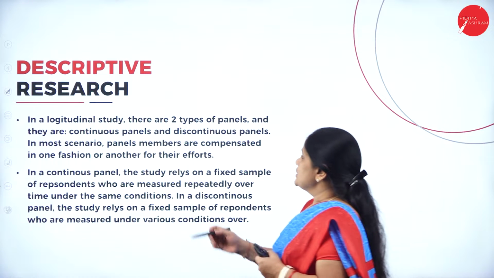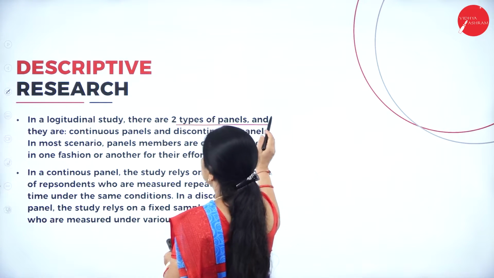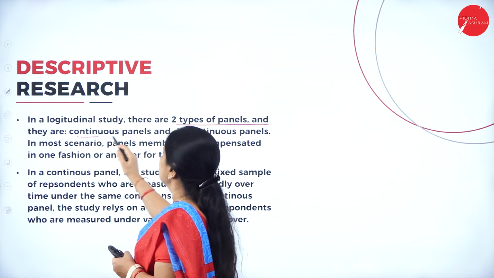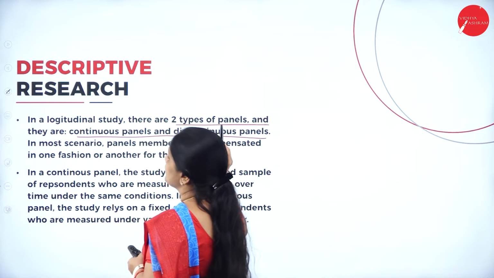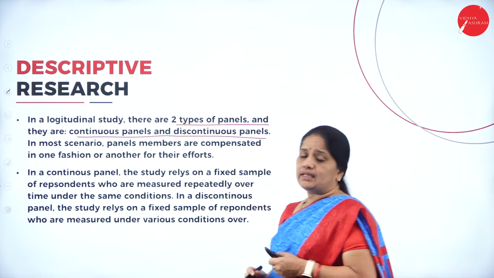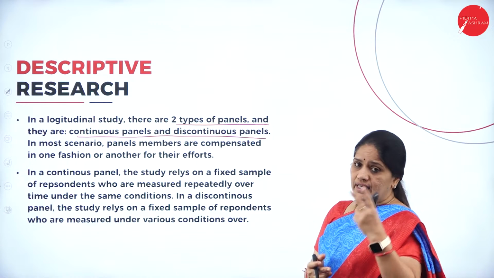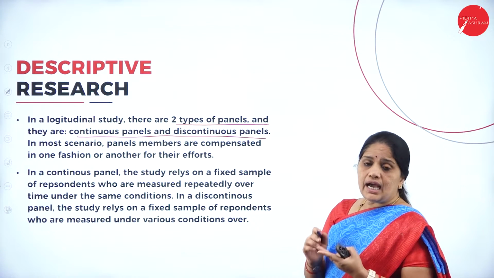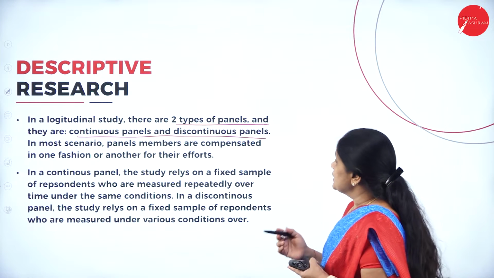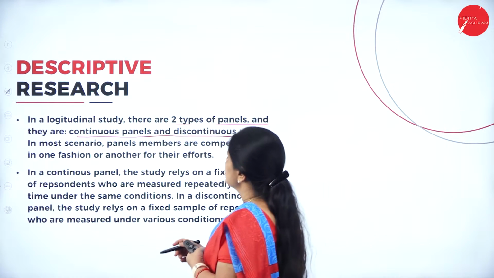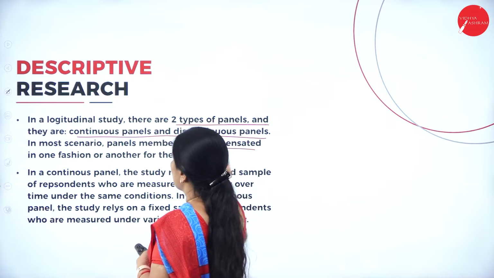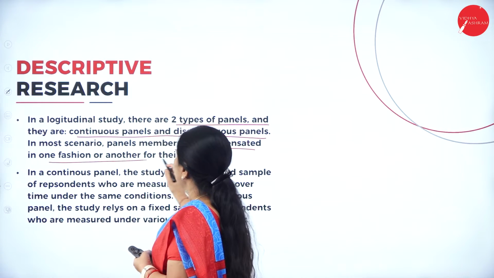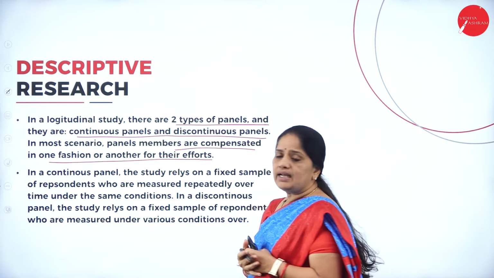Then, in a longitudinal study, there are two types of panels and they are continuous panels and discontinuous panels. Now, again, in the longitudinal study, we have two types. One is the continuous panel and the second one is the discontinuous panel. In most scenarios, panel members are compensated in one fashion or another for their efforts.